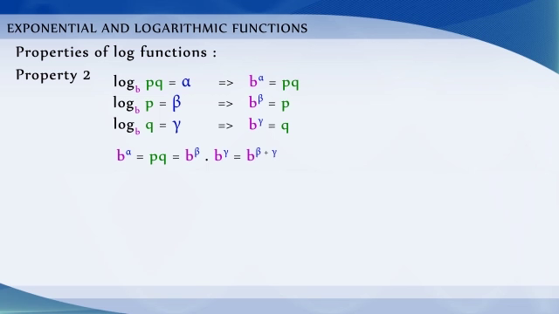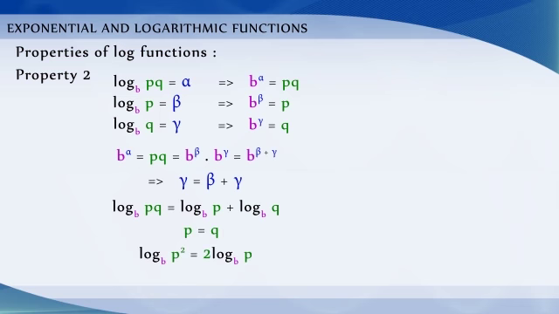Now the bases are equal, so we can equate the powers. Therefore, we get alpha is equal to beta plus gamma. That is, log pq to the base b is equal to log p to the base b plus log q to the base b. When we substitute p is equal to q in the above equation, we get log p square to the base b is equal to 2 log p to the base b.